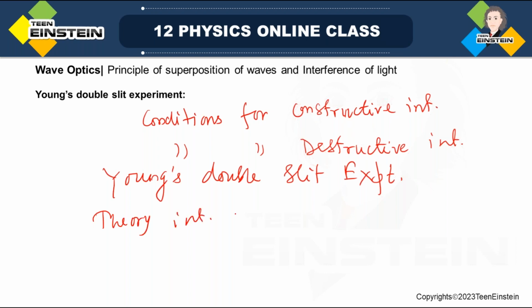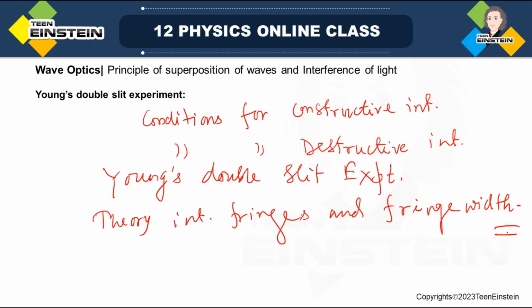That means we have found out the position and the fringe width, that is the separation between two successive bright or dark fringes. All right, so we'll stop it here.